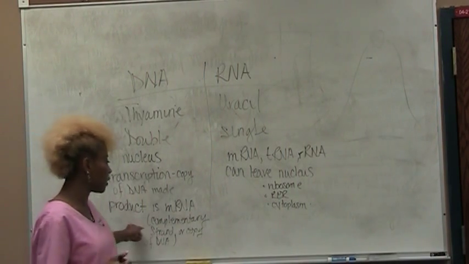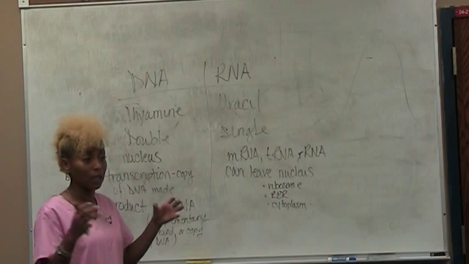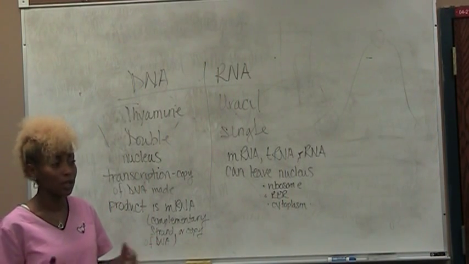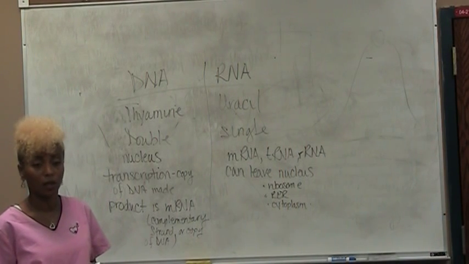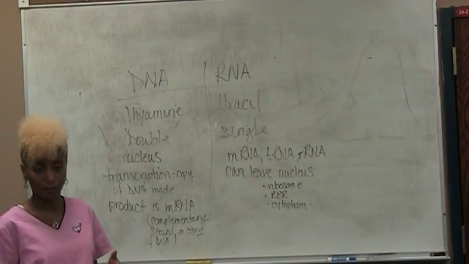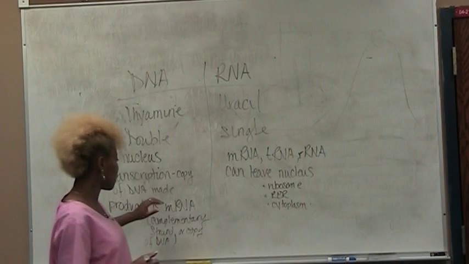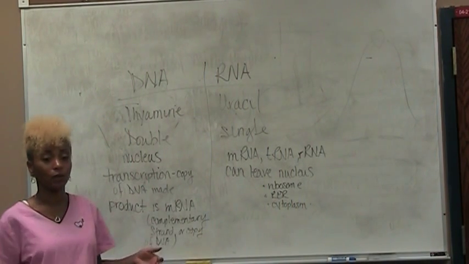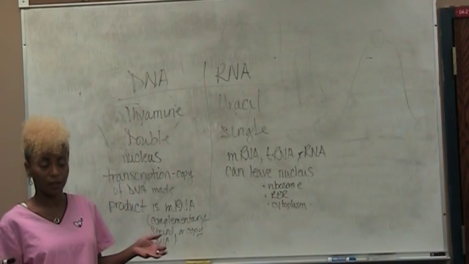The whole function of this messenger RNA is so that we can get that information out of the nucleus. Because remember, DNA is very fragile. It does not live outside of the nucleus long. It denatures very easily. So we have messenger RNA, which makes a complementary strand of the DNA.